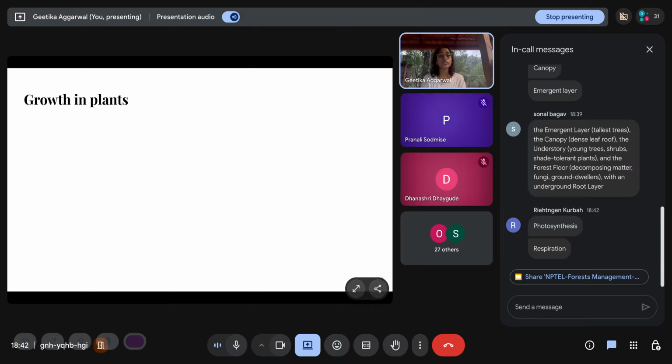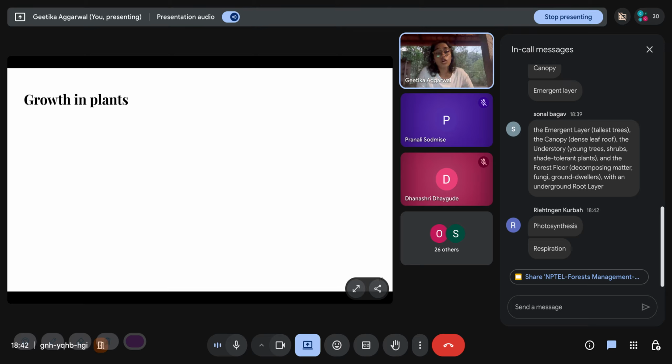So, photosynthesis, as you might all be aware of, is basically the process by which plants fix sunlight, and they convert carbon dioxide and water into oxygen and carbohydrates, right? So that's the way in which they fix carbon dioxide, and also they use sunlight for this process. And then there's respiration, just like all of us heterotrophs.